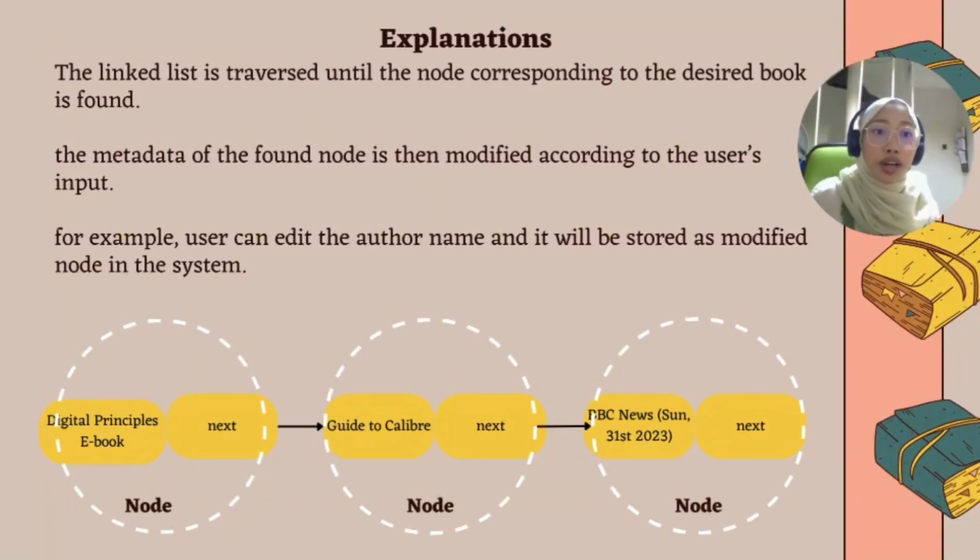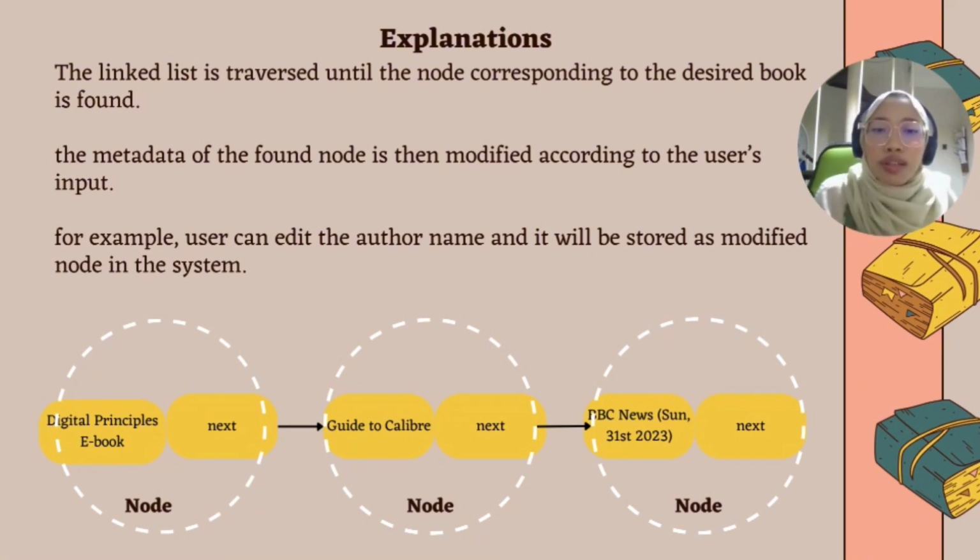The linked list is traversed until the node corresponding to the desired book is found. The metadata of the found node is then modified according to the user's input. For example, the user can edit the author's name and it will be stored as a modified node in the system.